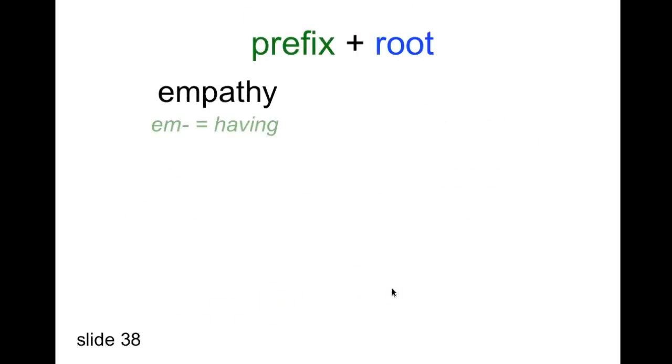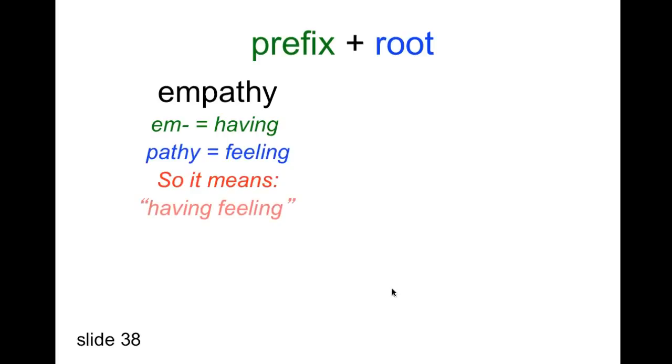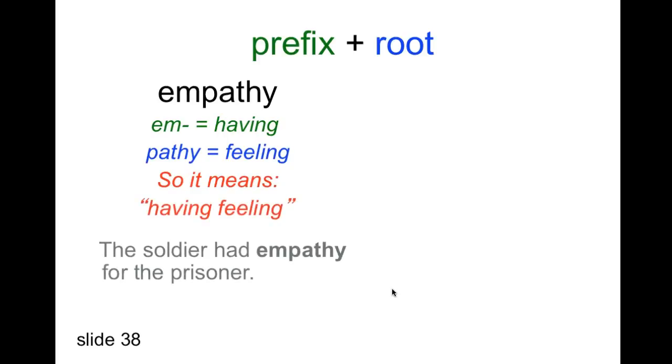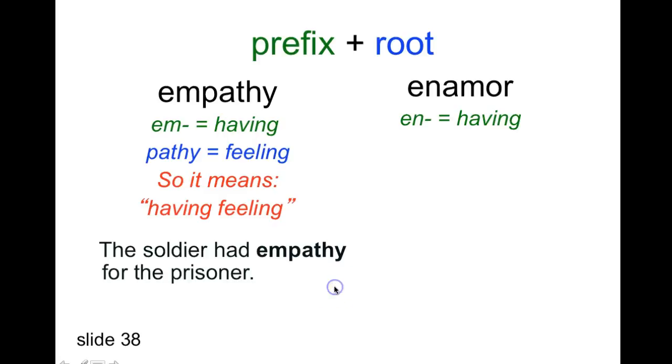Now let's take a look at combining a prefix with the root word. If we take empathy, the em means having, pathy means feeling, so it's having feeling. The soldier had empathy for the prisoner. Enamor.